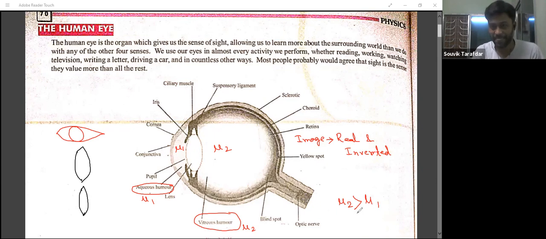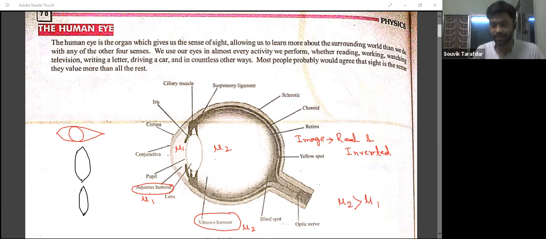But if it were the opposite, then what will happen? Let me tell you. See, if mu2 is greater than mu1, then only the light ray will converge. If mu1 is greater and mu2 is less, at that time light will diverge.